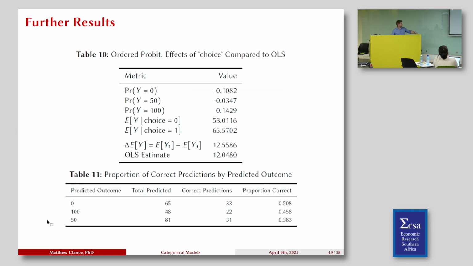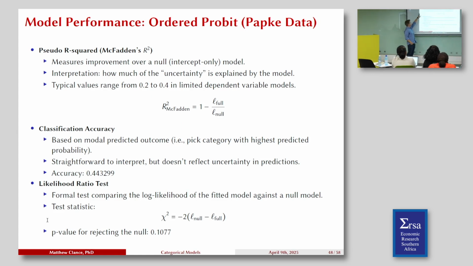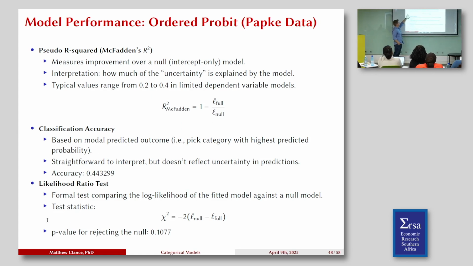This is where I needed to go back one slide, because the way I do those calculations is very similar to what we had before for the ordered Probit. We have our McFadden, we have our classification accuracy. This is just a weighted outcome from the prediction table I had before versus how many people were in each category.